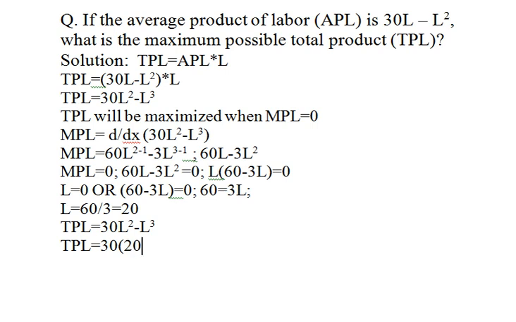So 30 into 400 is 12,000, minus 8,000, that is 4,000. So the maximum possible total product of labor is 4,000.